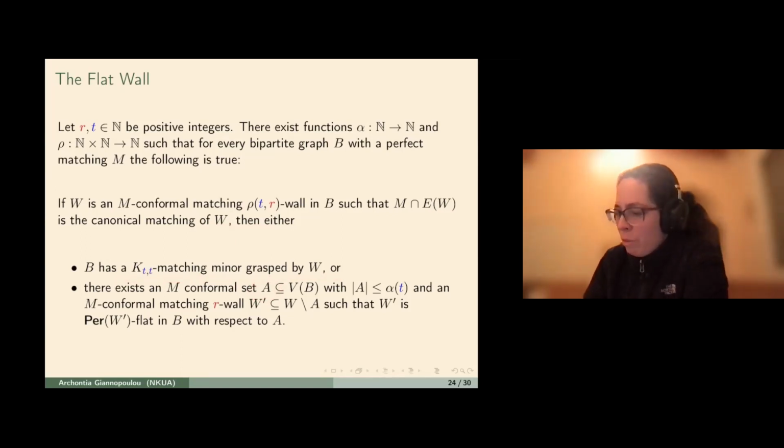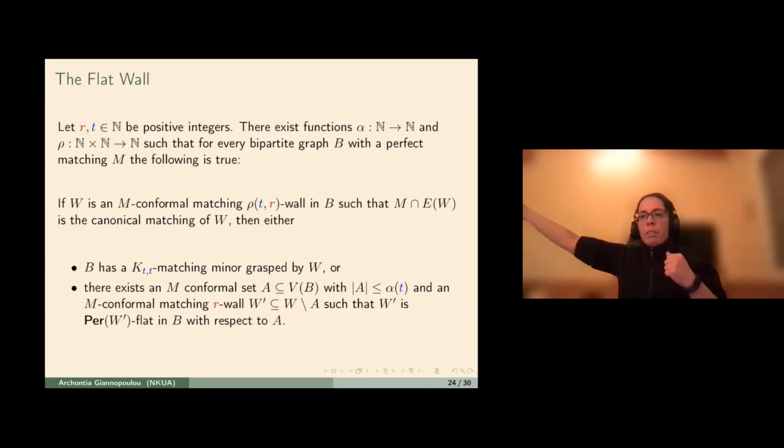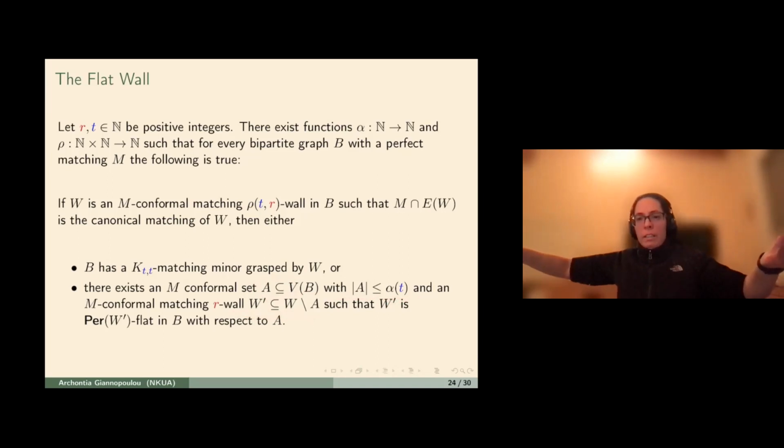Now we can find a set of vertices and edges such that we can find a subwall which is flat. So basically what happens is that we use some things from the directed flat wall theorem to prove our flat wall theorem. But what happens there is that we're finding a wall, and then we have to travel in different components in order to find our flat wall and get all the nice properties that we want. Here, whenever we find a wall, we can use this wall and inside find a flat wall.